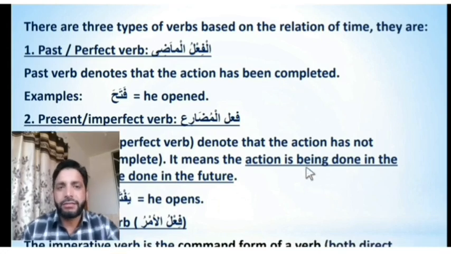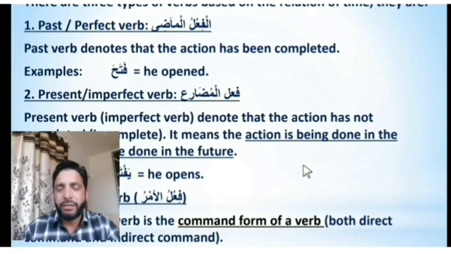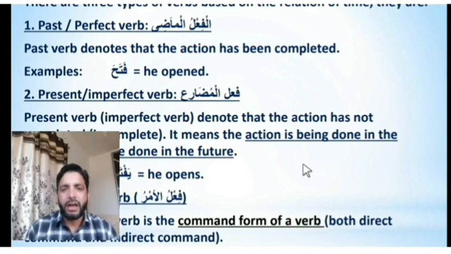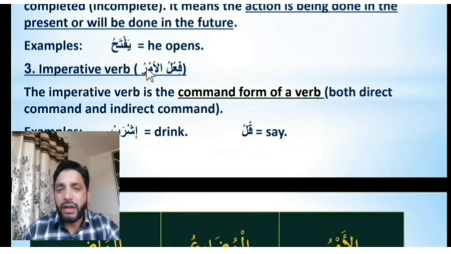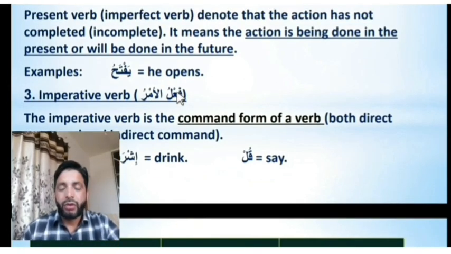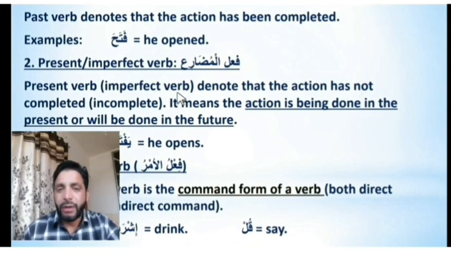The second is the present verb, you can say imperfect verb as well, and in Arabic we call it fi'l mudari'. Then we have fi'lul amr, the imperative verb. So these are the 3 types of verbs in Arabic.